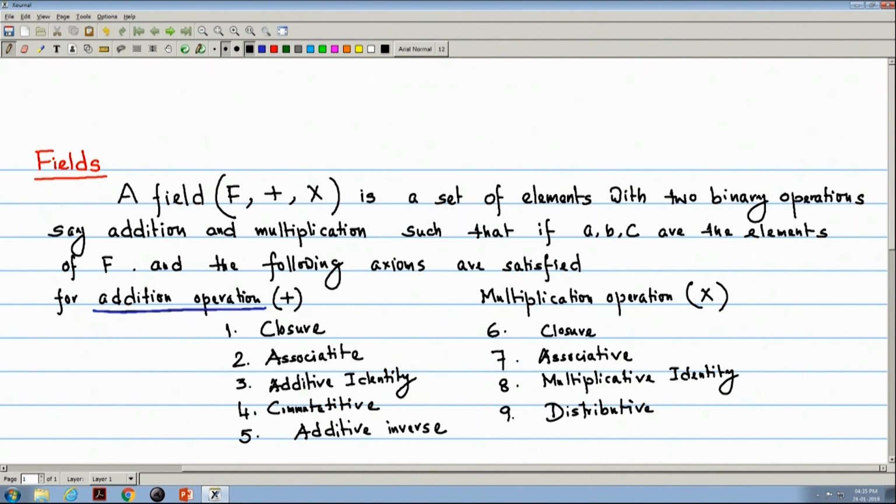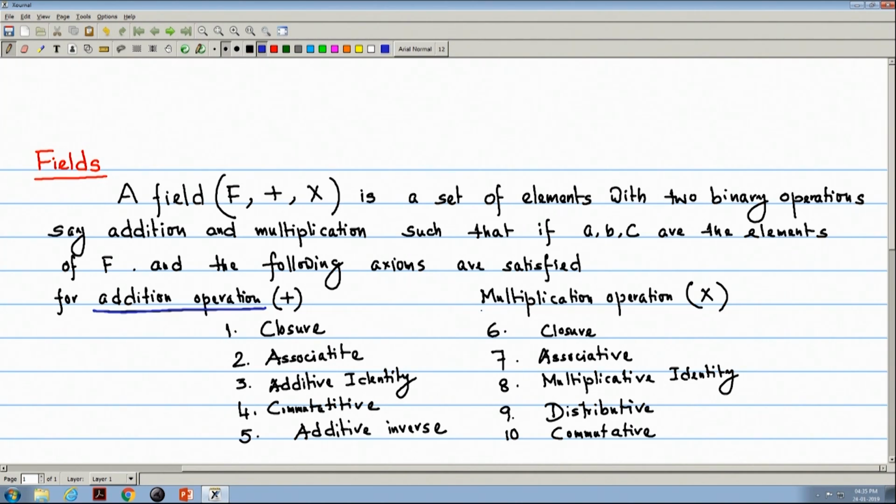Now, if the multiplication is commutative, then it can be a commutative ring.